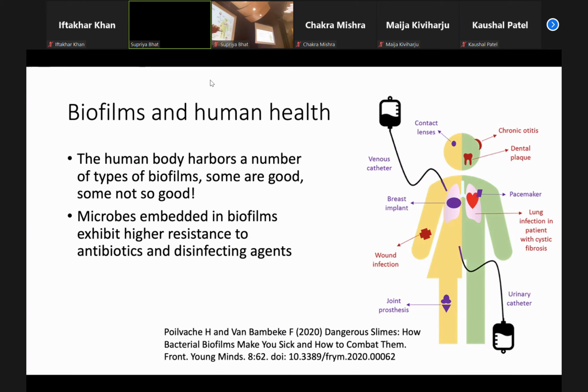And on the other hand, we have biofilms that are not so good, like the dental plaque, for example, that causes cavities. And then there are some biofilms like those produced by Pseudomonas aeruginosa, which is an opportunistic bacterial pathogen. It's present normally in your body, but as soon as your immune system goes down, it attacks you.